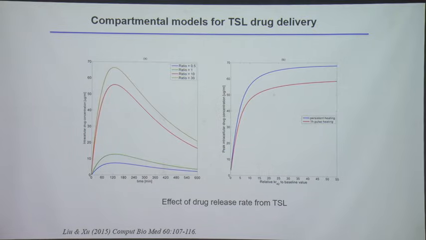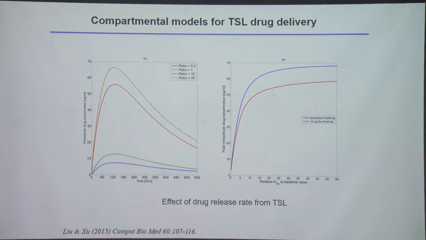So for instance, we've picked up a few of these parameters. One of those that I mentioned is the effect of drug release rate from thermosensitive liposomes. The drug release rate, from a modeling point of view, you can't just pick any release rate, any random number.